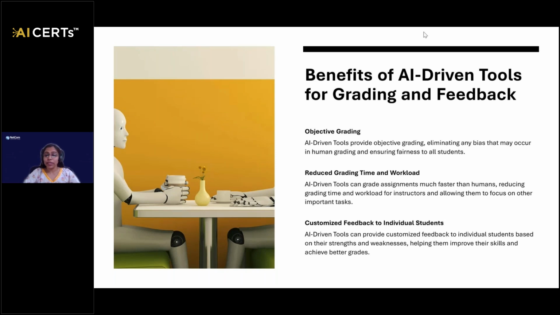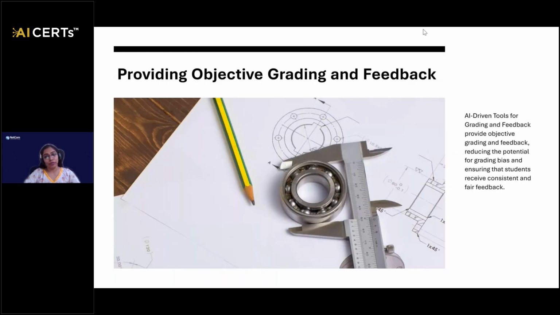Then, providing objective grading and feedback. AI driven tools for grading and feedback reduce bias and ensure that students receive consistent and fair feedback, which is very important because our students should get timely feedback, and that feedback needs to be unbiased. Of course, I'm not saying that we don't need educators or teachers to get involved in the grading process or even in the feedback. No, nothing like that.